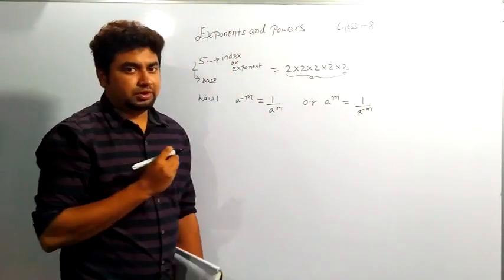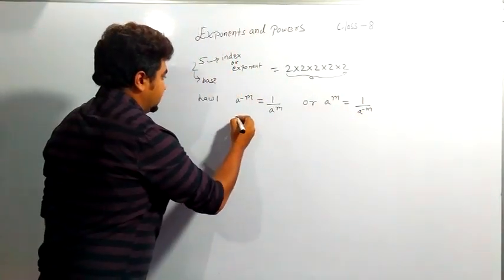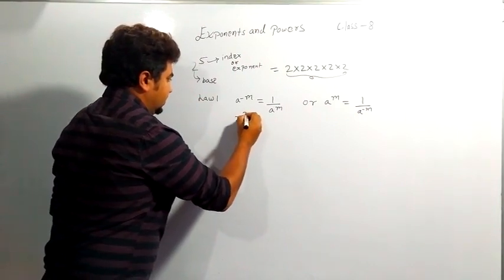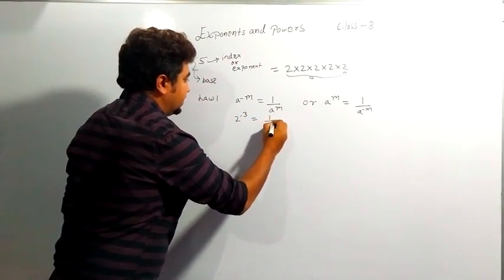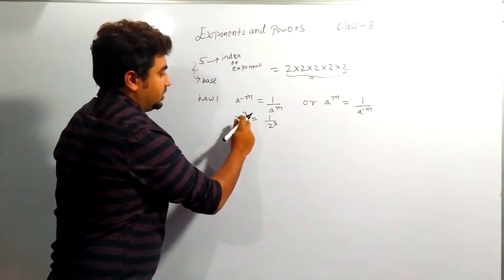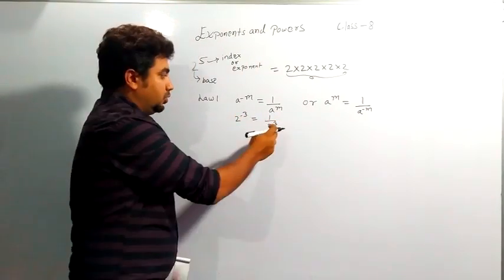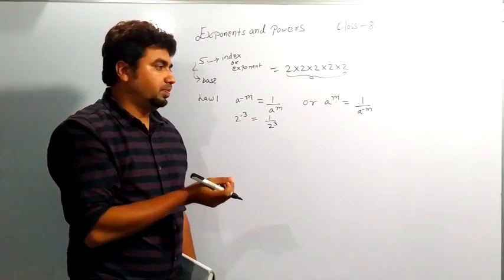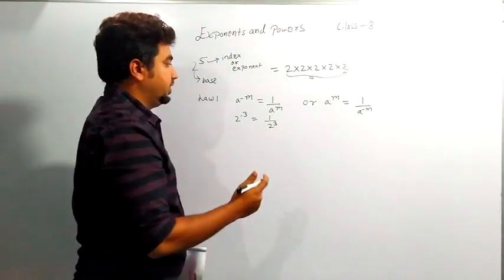For example, 2 to power minus 3 can be written as 1 by 2 to power 3. If we have to make the power plus, we have to take it to the denominator. So this is law number 1.